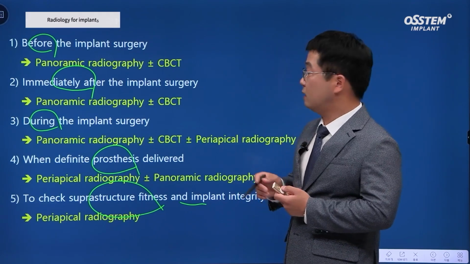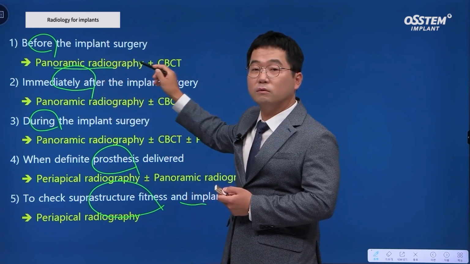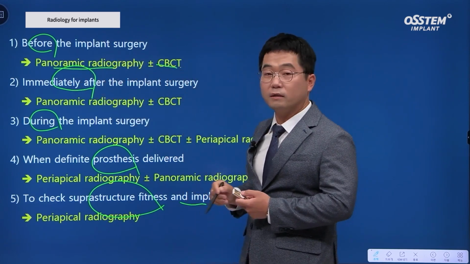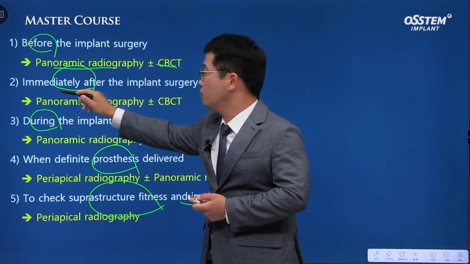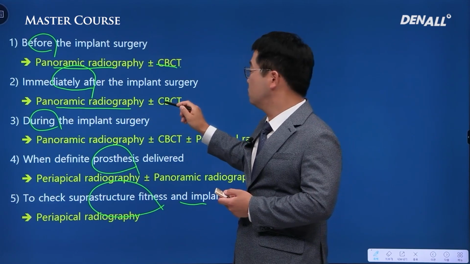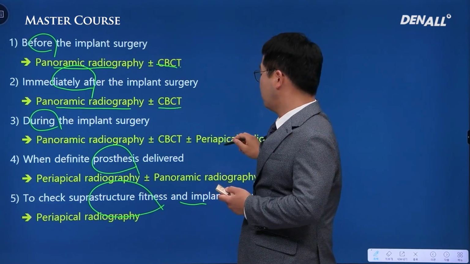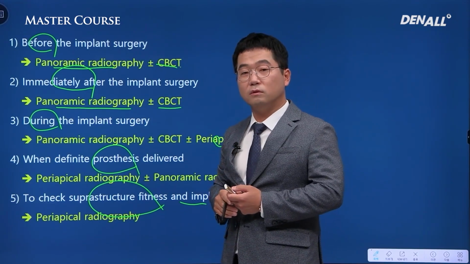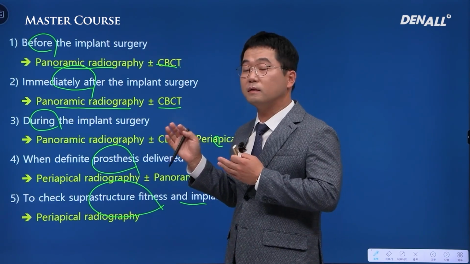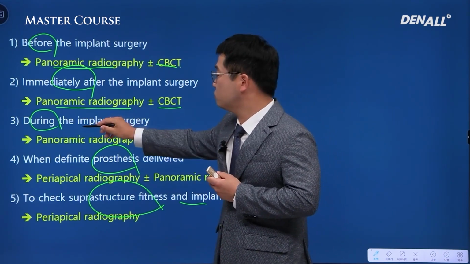Before surgery, we can use panoramic image as well as CT. Right after implant surgery, evaluation can be done using panoramic image, CT, and periapical image as well. This is the basic guideline. During implant surgery, we need to use all three images.